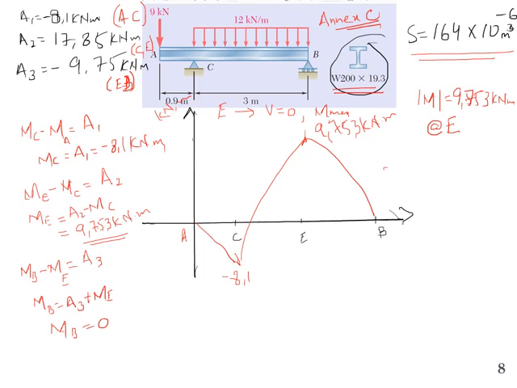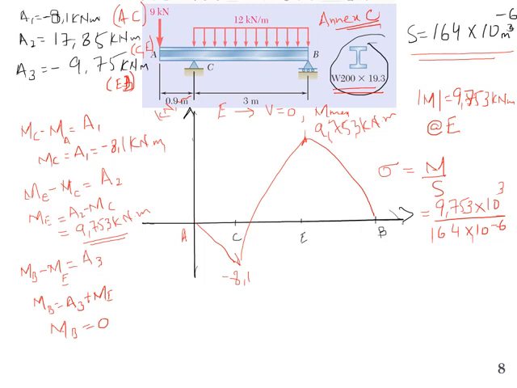So maximum stress will be M over S, and we know the value of M, 9.753 times 10 to the power 3 divided by 164 times 10 to the power minus 6.